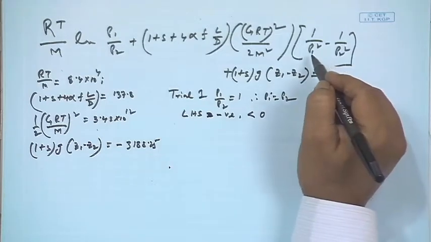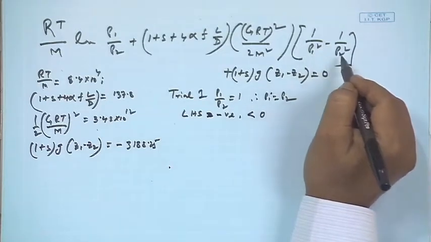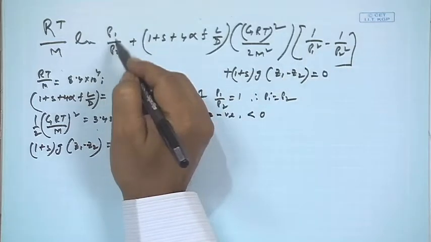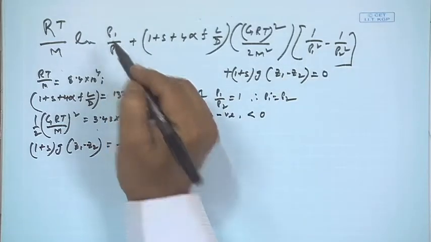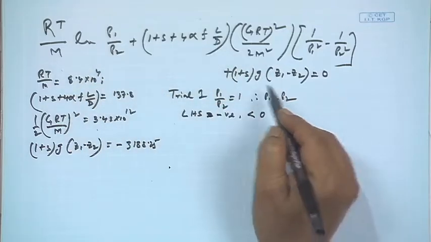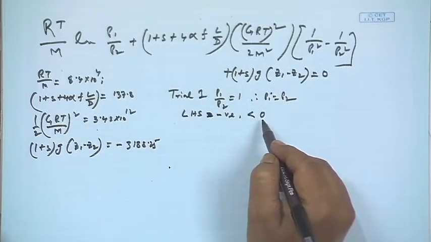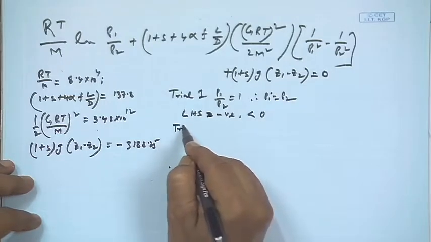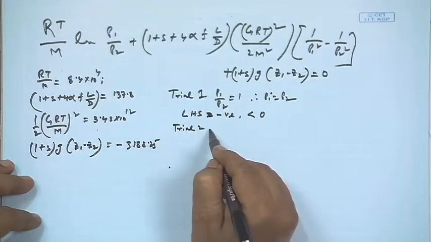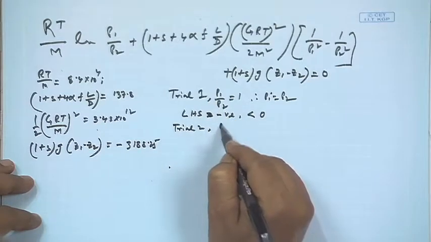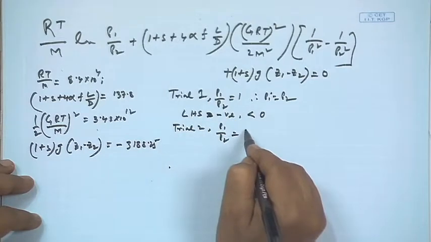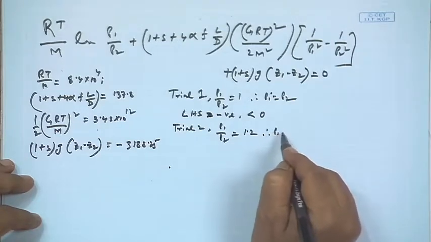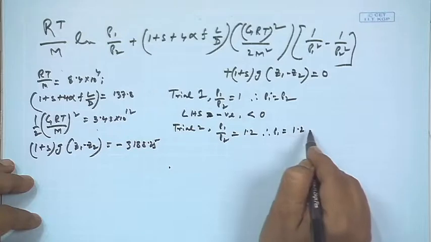Because P1 was equal to P2, so this is ln of 1, that is 0, so the first two terms are 0, this was negative, so it is less than 0. In trial 2, we had assumed that P1 by P2 is equal to 1.2, that is P1 is equal to 1.2 P2.